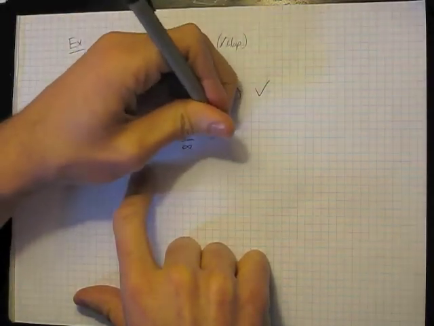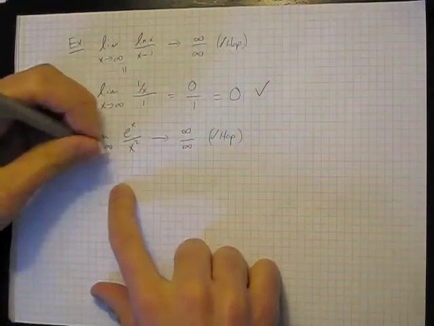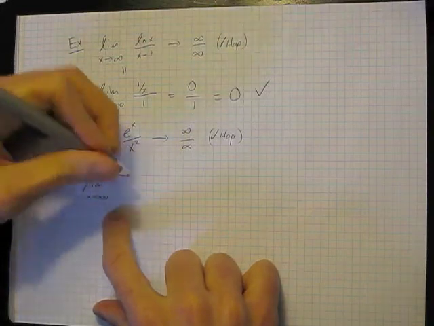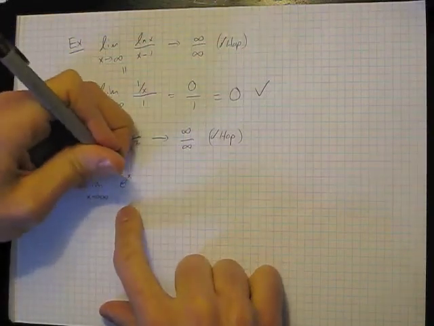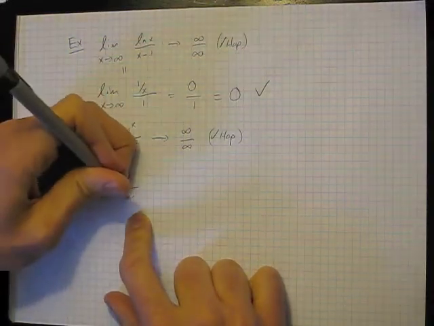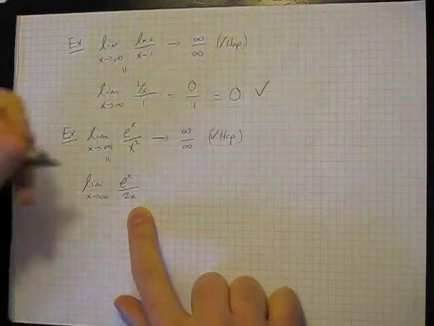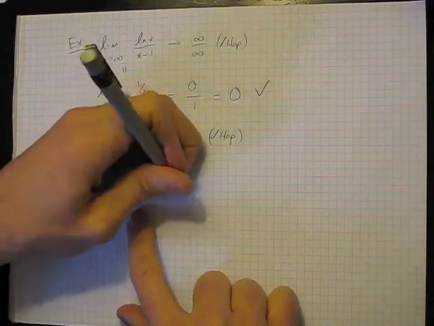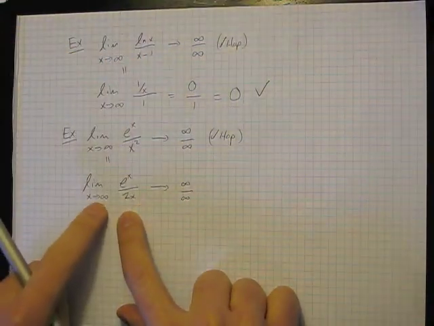So L'Hopital's rule applies in this case, and we can compute this using the ratio of the derivatives. The derivative of e to the x is just e to the x. It's its own derivative. The derivative of the denominator is 2x. And again, e to the x goes to infinity, and 2x also goes to infinity as x goes to infinity.